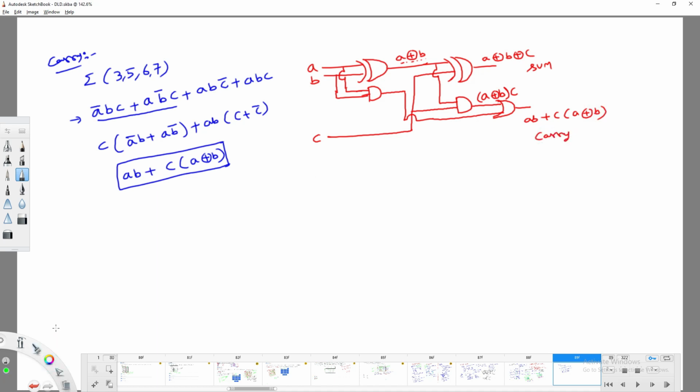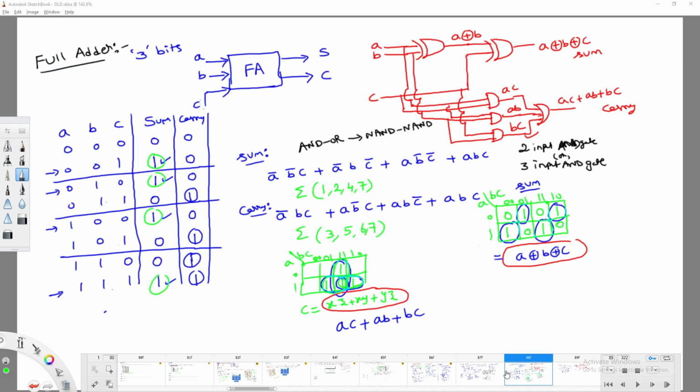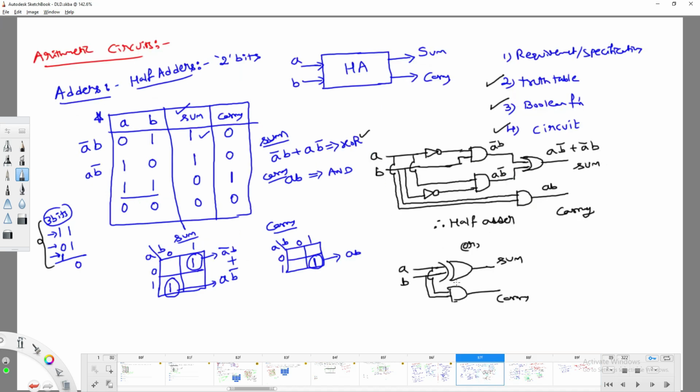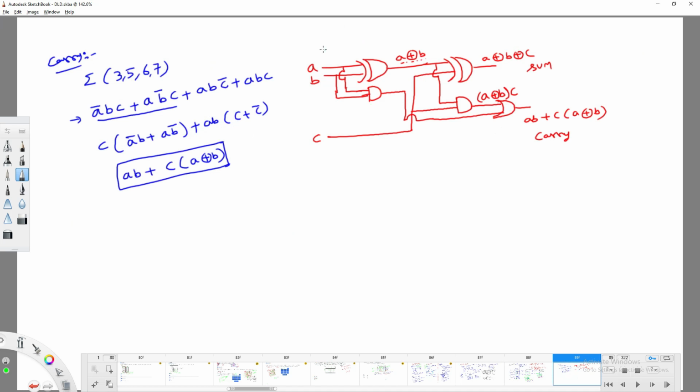Guys, the reason why I have redrawn the circuit like this is, what do you mean by half adder? A half adder is a kind of XOR with an AND gate. Simply an XOR and an AND gate, right? If you observe this part, I can call it one half adder. Am I right? Yes.